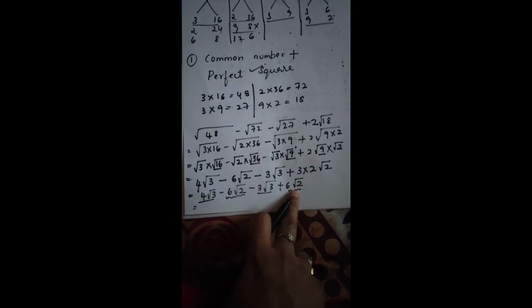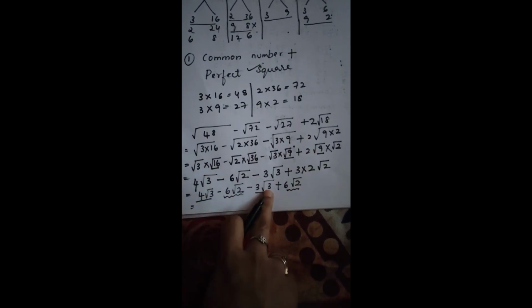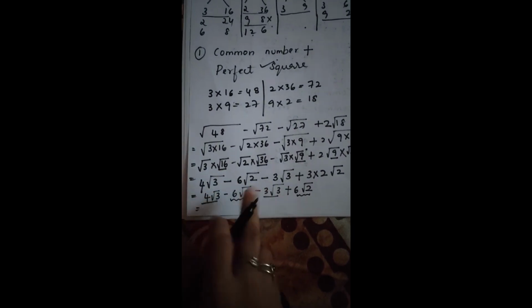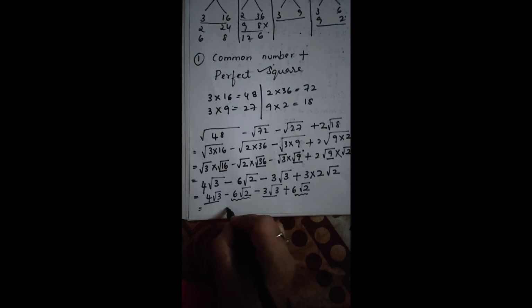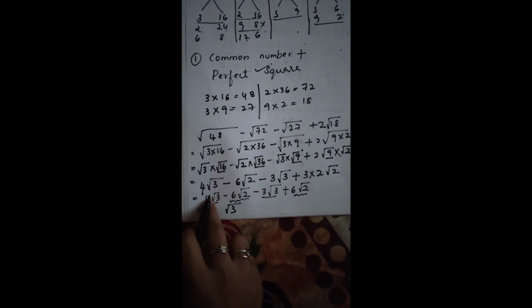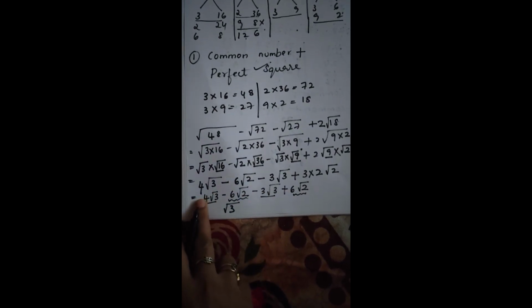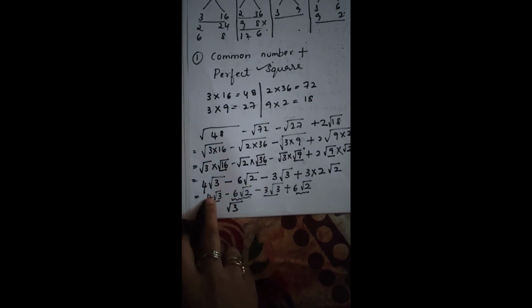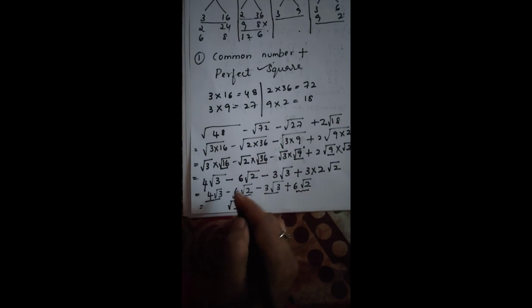So this and this you can subtract or add, and this and this you can subtract or add, because these are the same roots. So 4 root 3, you write root 3 here. The outside number you have to subtract: 4 minus 3, 1.